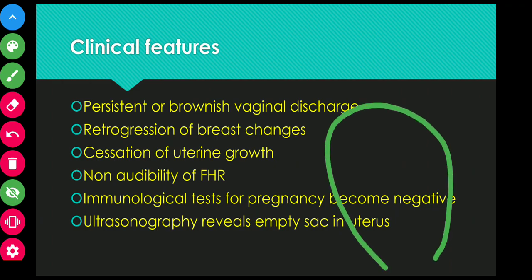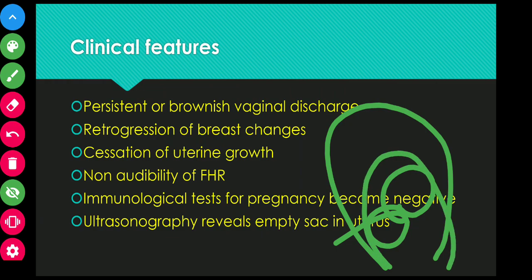Here also in missed miscarriage, the fetal growth will be stopped due to the dead fetus. It will not grow because the fetus has died. That is cessation of uterine growth.